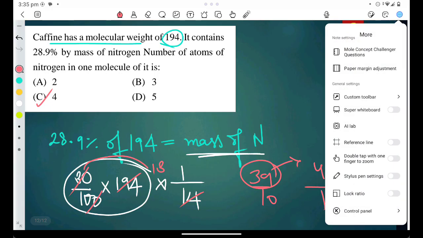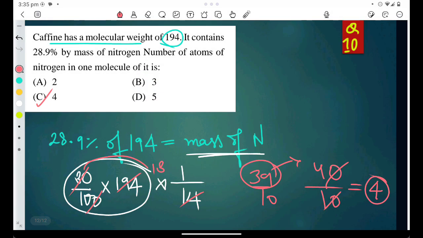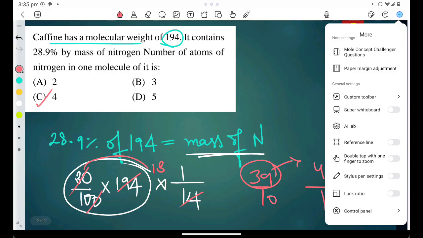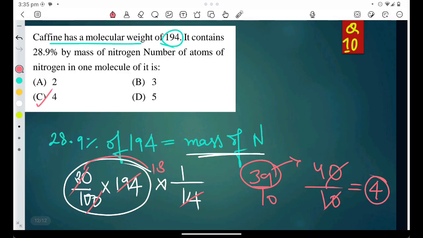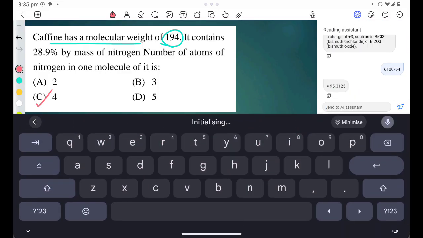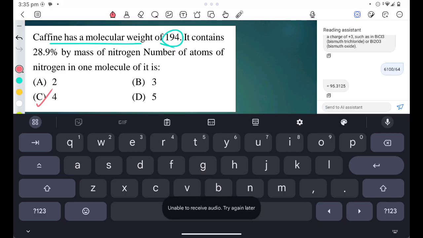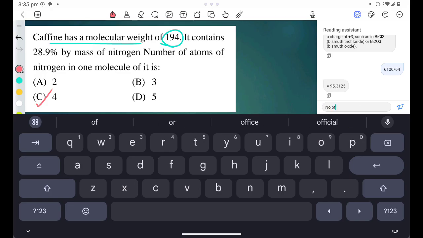Or we can check also. What is the number of atoms of nitrogen in one molecule of caffeine?